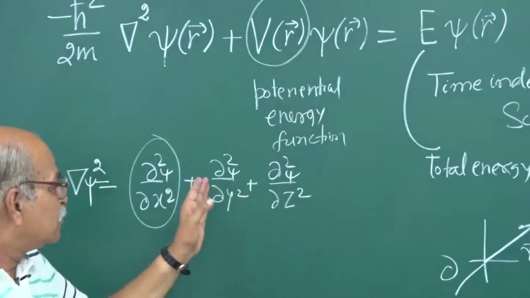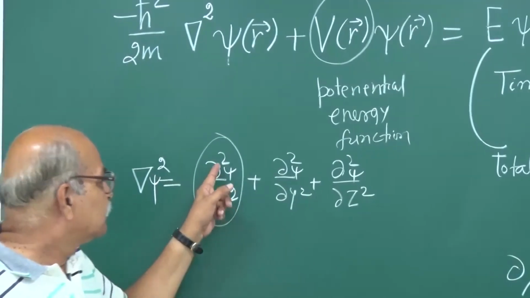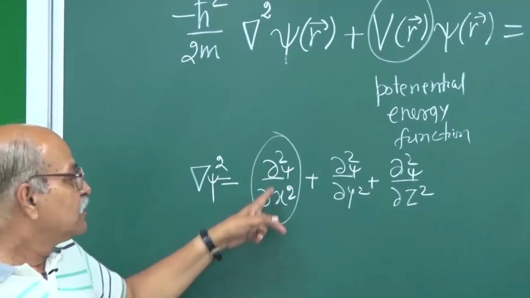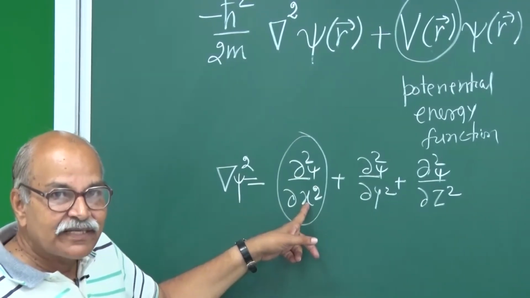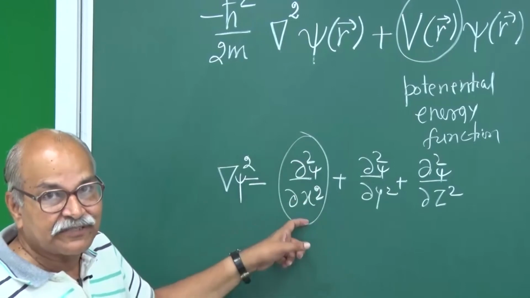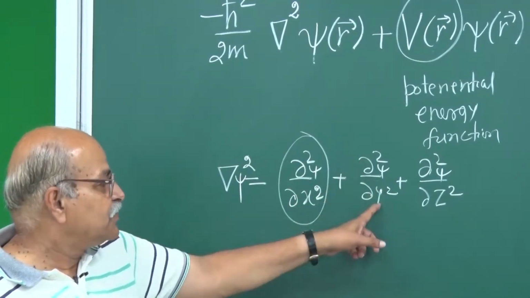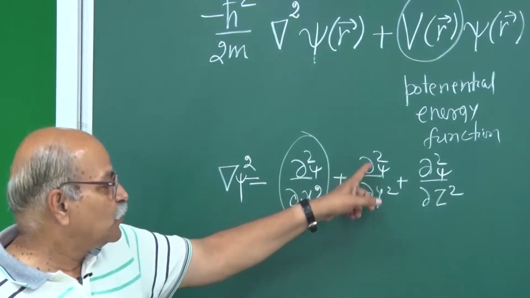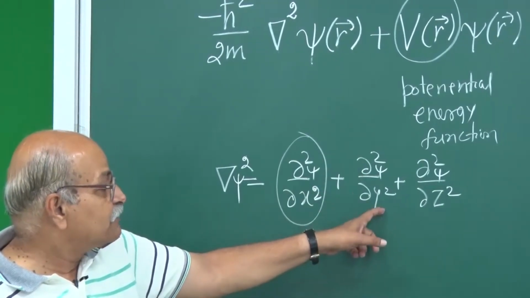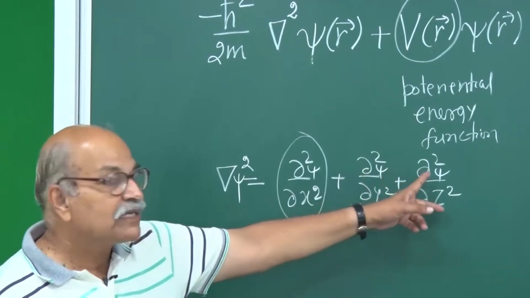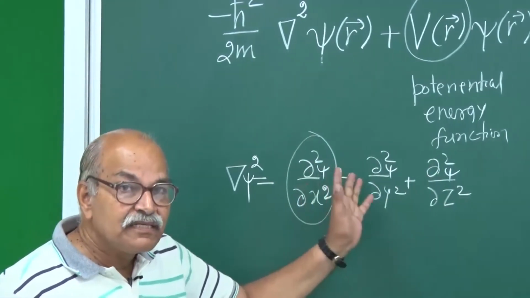And then if it is a function of x, y, z, this expression means that you differentiate with respect to x and treat y and z as constants for this differentiation. Similarly, differentiate with respect to y twice and treat x and z as constants, and similarly here. They are known as partial differentiations.